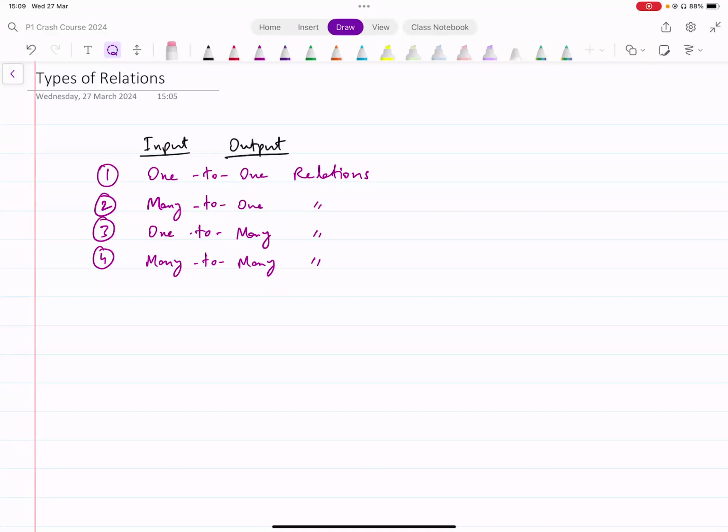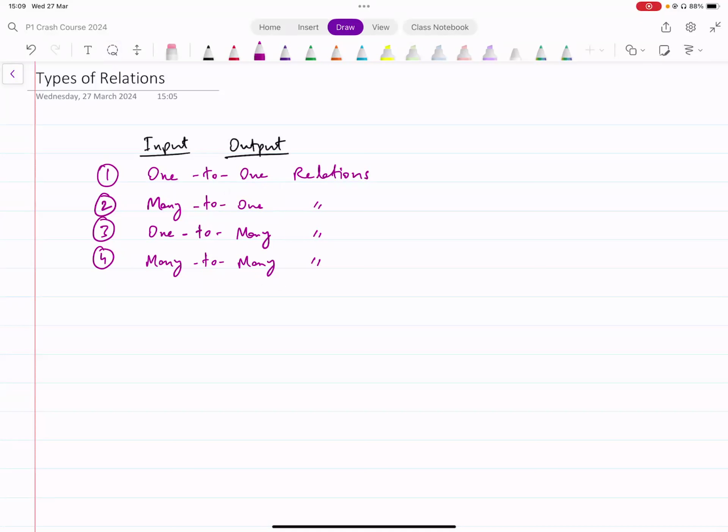Okay, so these are four different types of relations. One-to-one relation basically means you have one input and one output. For every single input, you get one possible output. Okay, that's what one-to-one relation means.